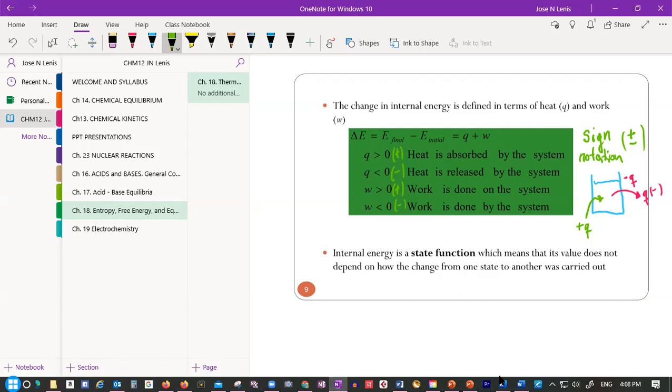Also, we need to identify some state functions, like internal energy. Internal energy of the system is the total energy in the system. Your system has energy, that's what we call the internal energy. And the internal energy is a state function.